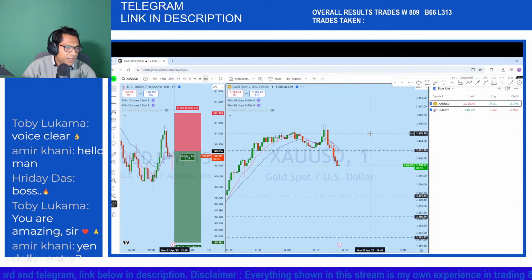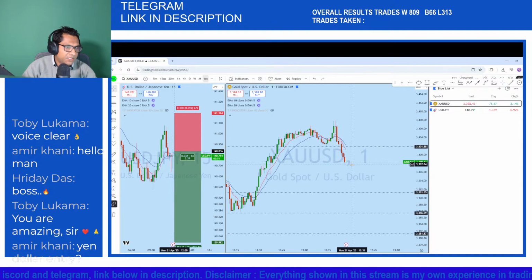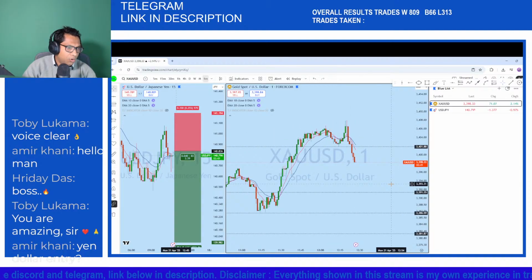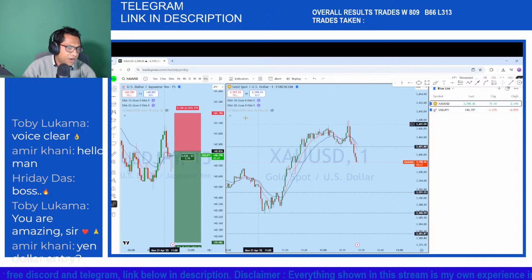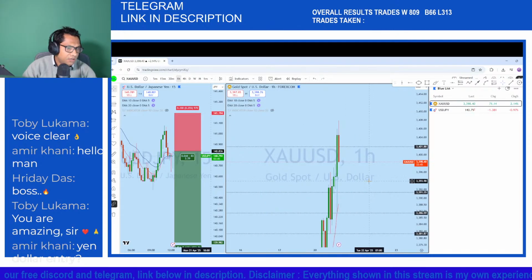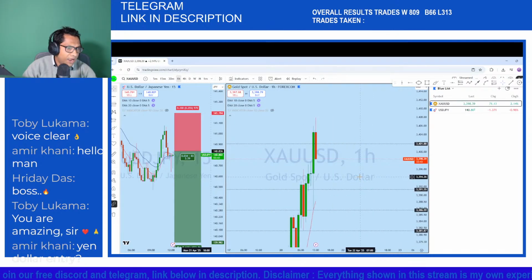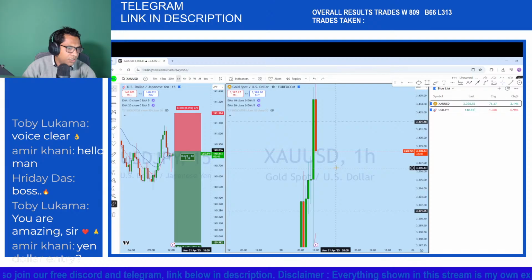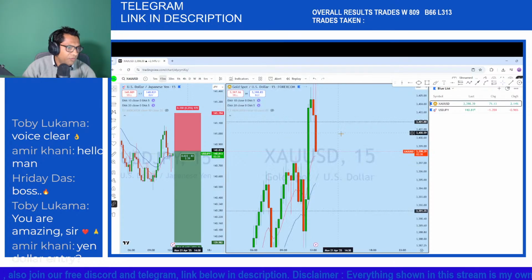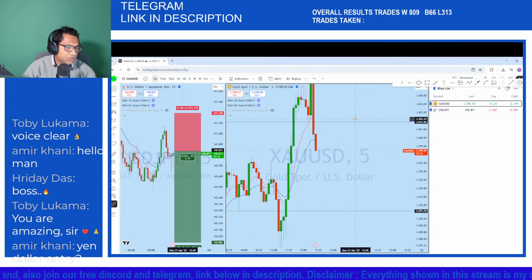And as you can see from this level, the price started to break below this level. We may see the market coming down here to grab that liquidity once you find a suitable entry in this market.